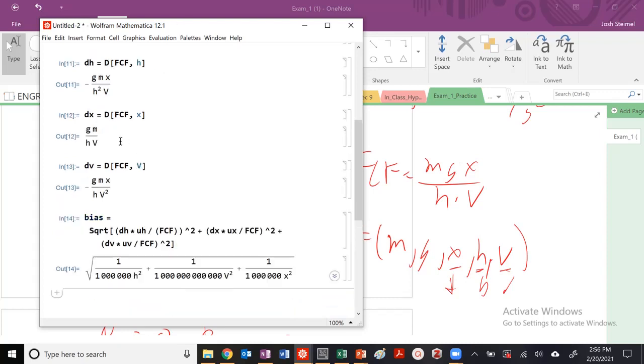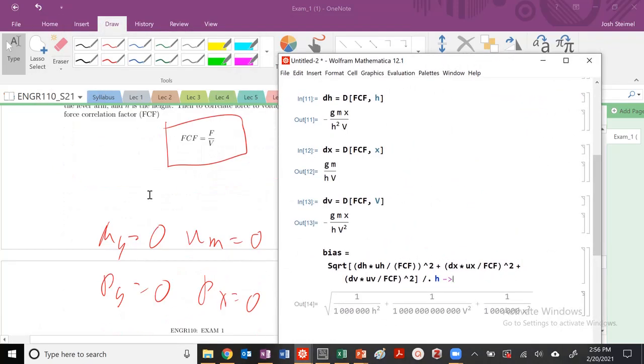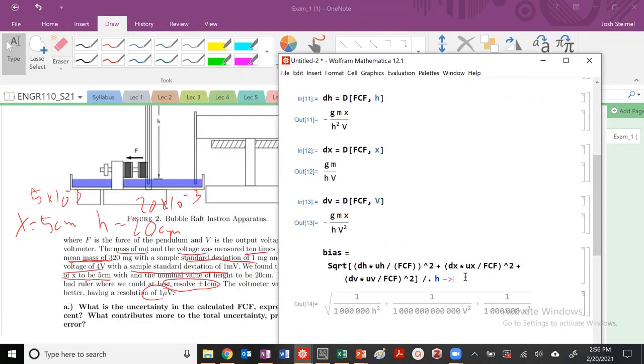So I'm going to plug in with slash dot: h goes to, where's my h value, my nominal values. Let's go back over here. So h is 20 centimeters. So h goes to 20 times 10 to the minus 2.